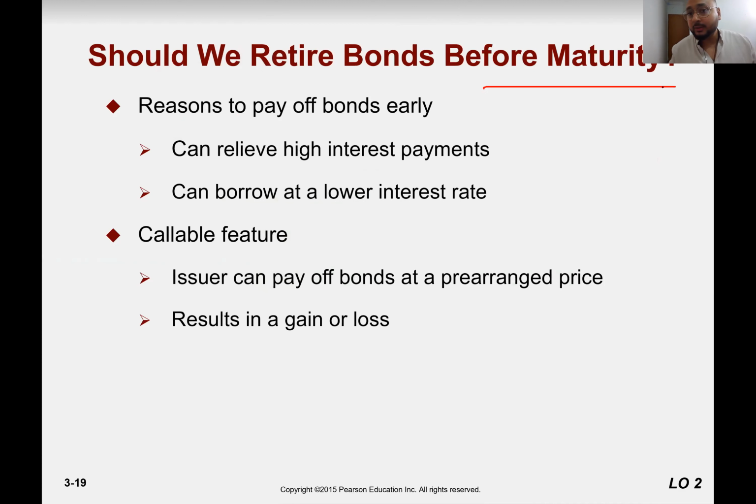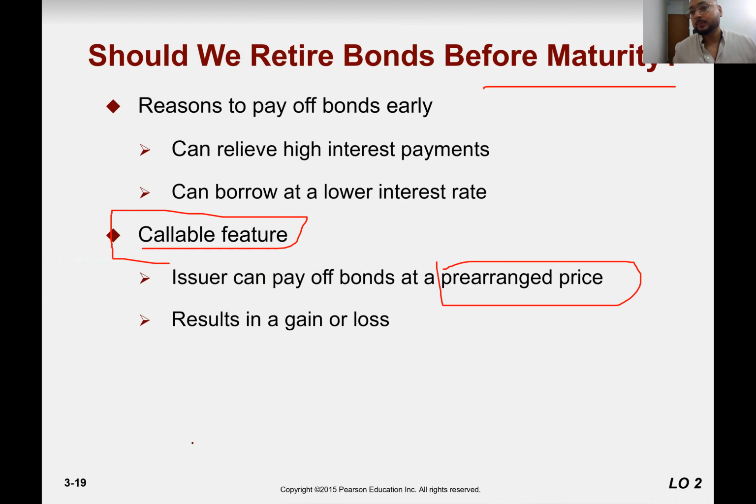So for that reason, if you are retiring it, you must add a callable feature into your bond contract so that we can call our bond. The company can call its bond back after some period of time. The pre-arranged price is going to be mentioned as well, right?